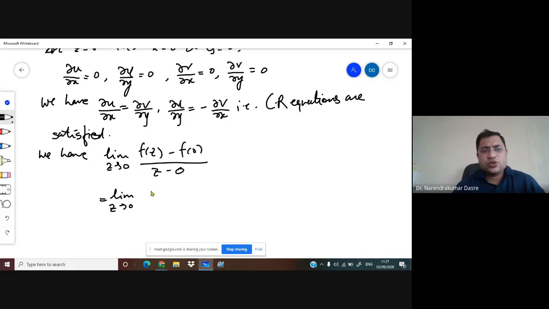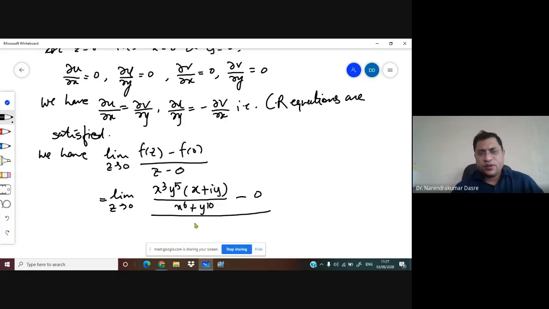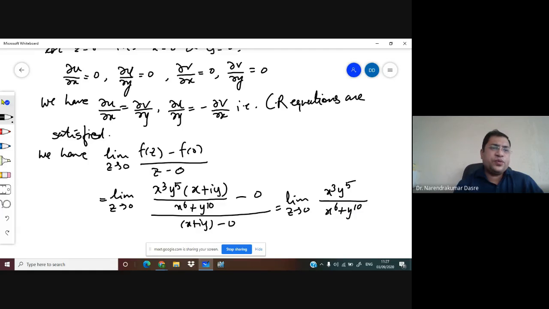So limit z tends to 0, here we have x cubed y raised to 5 upon x raised to 6 plus y raised to 10, minus 0, upon z, which is x plus iy minus 0.